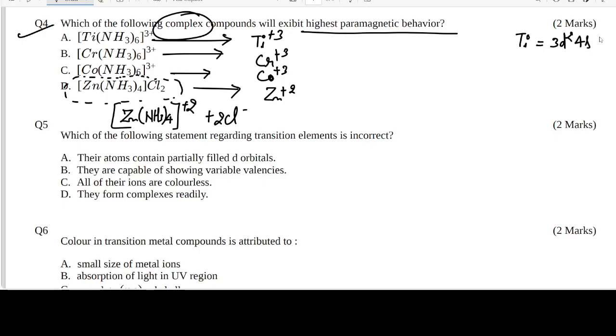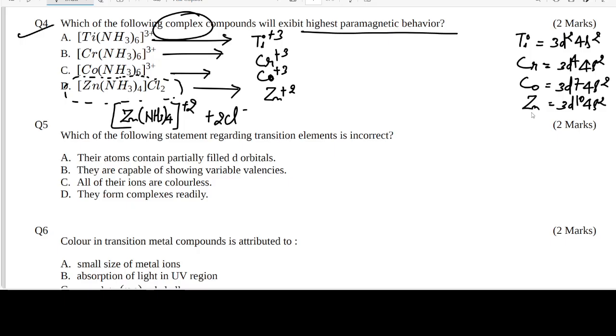Chromium is 3d4 4s2, and cobalt will have 3d7 4s2. Zinc will have 3d10 4s2.